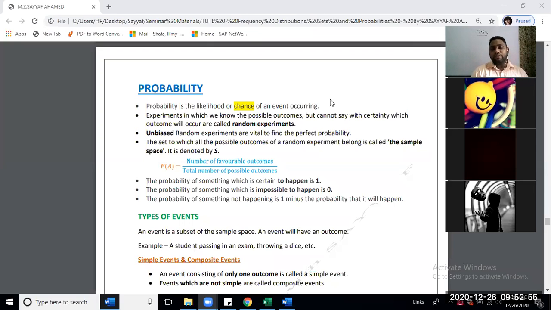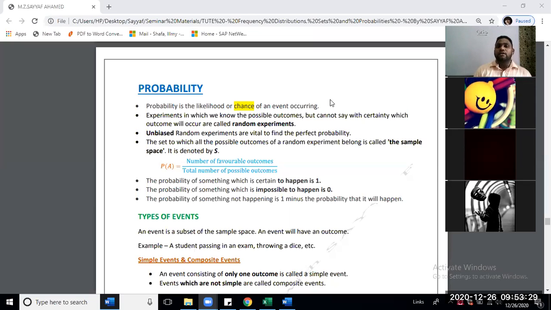What is the meaning of random experiment? We can't say there are 4 or 5 features of a random experiment, but the basic understanding of a random experiment is that it is an unbiased experiment. Unbiased meaning you can't be partial to some; you have to be neutral and pick. So for example, if you are going to pick a ball, they can be all the same size or can be different, so there can't be unbiased, right?